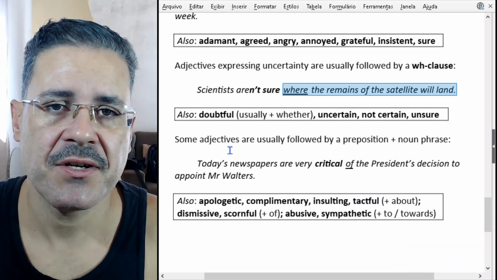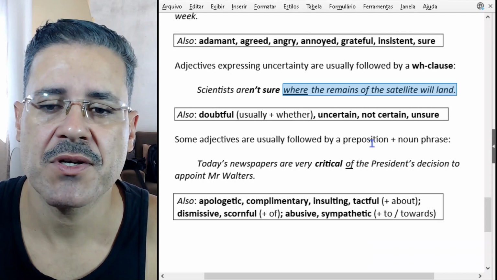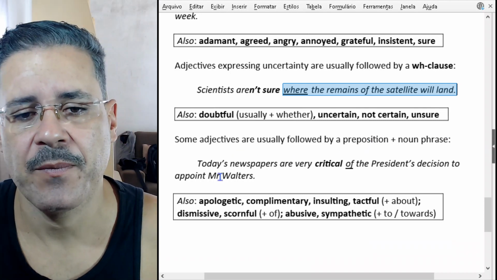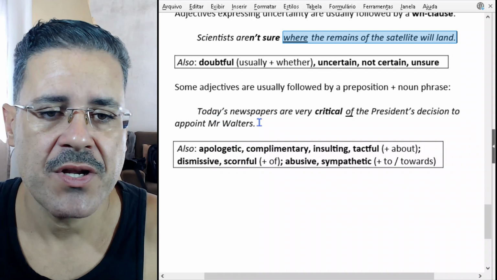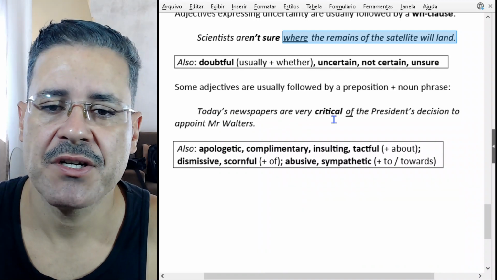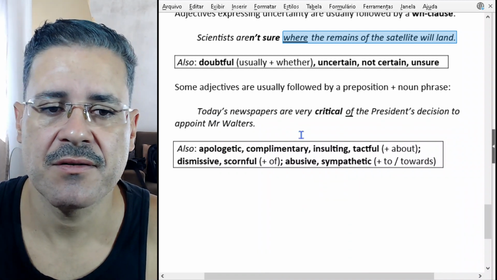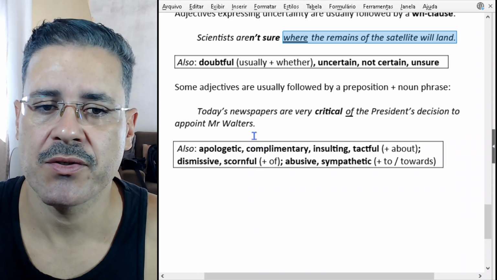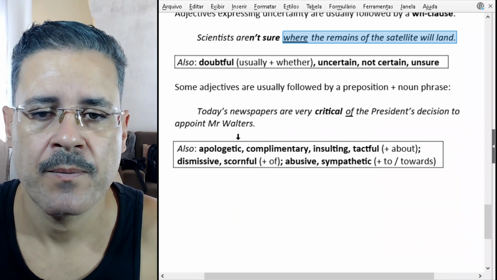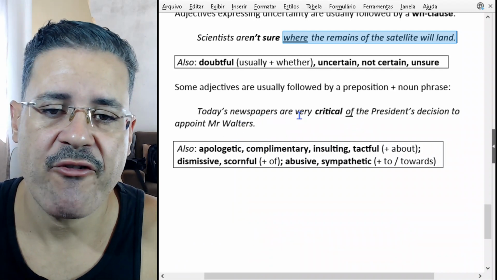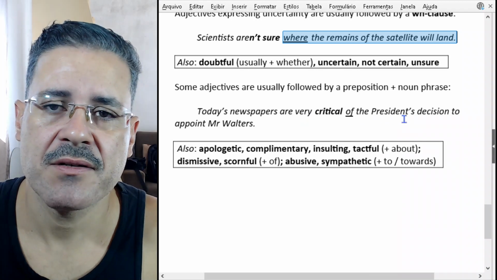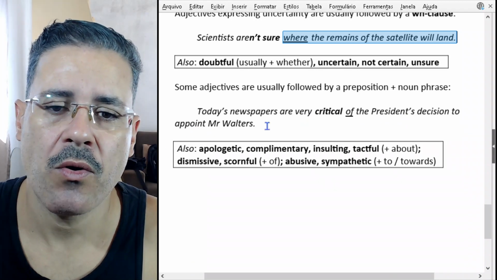Some adjectives are usually followed by a preposition plus noun phrase. For example, today's newspapers are very critical of the president's decision to appoint Mr. Walters.